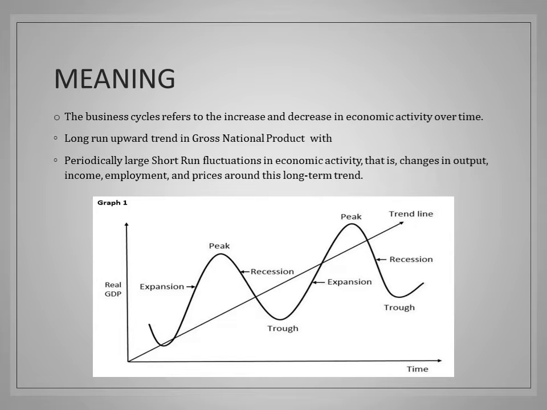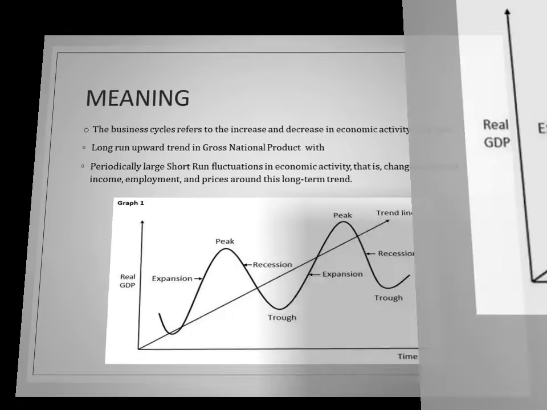But in the short run, there could be fluctuations in output, income, employment, and prices, which you can see by the cycle revolving around the trend line. So the growth of the real GDP on a time basis is what we see in the business cycle.